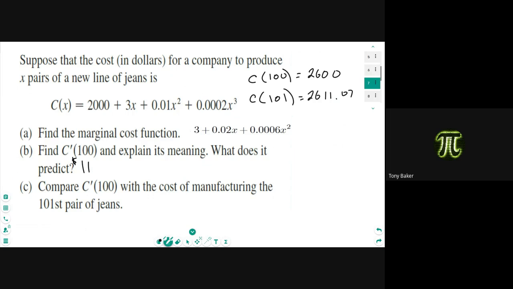Between 100 and 101, it's curving slightly. When we're finding the derivative, we're finding the instantaneous cost change at 100, which would be 11. But there's a slight curve between 100 and 101. That's where that 7 cents comes in. But it's close enough that we'll save time and money calculating things out this way.